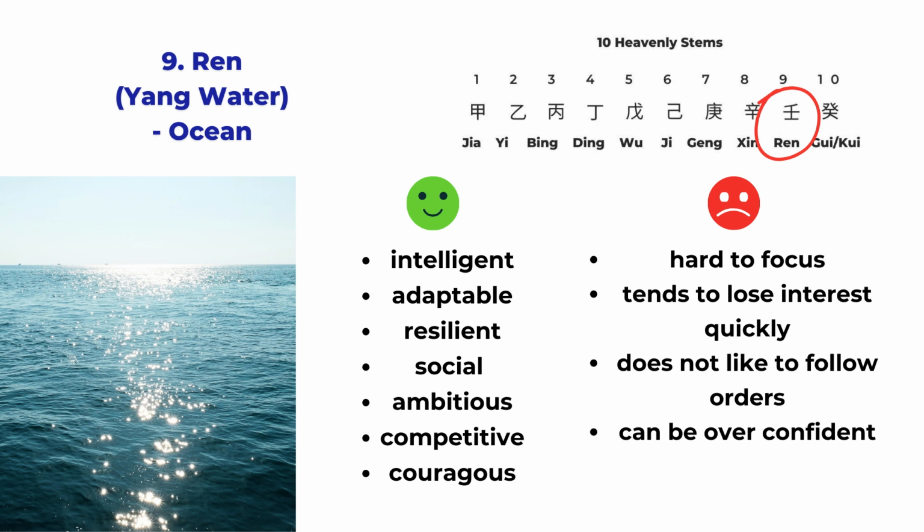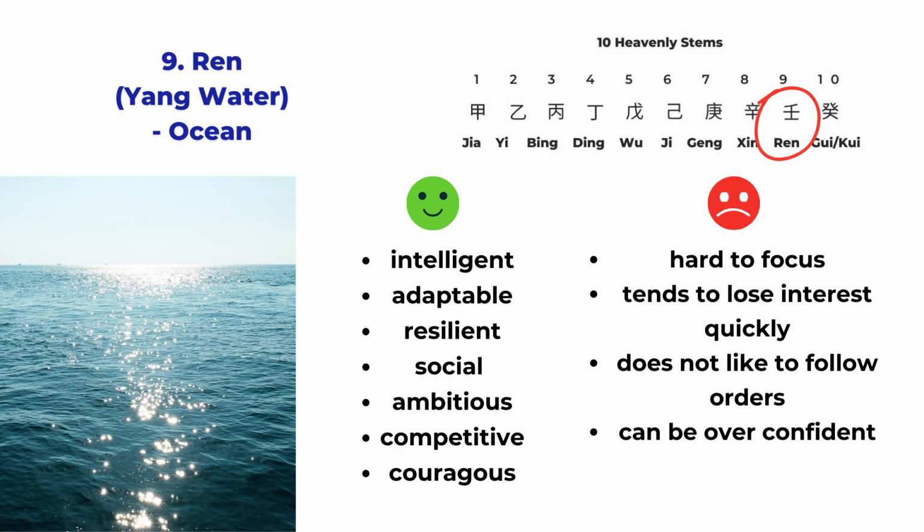If Ren is your day master, you are very intelligent, you are adaptable, resilient, you are very social, you have a lot of friends, you are ambitious and competitive and courageous, and usually very successful too.